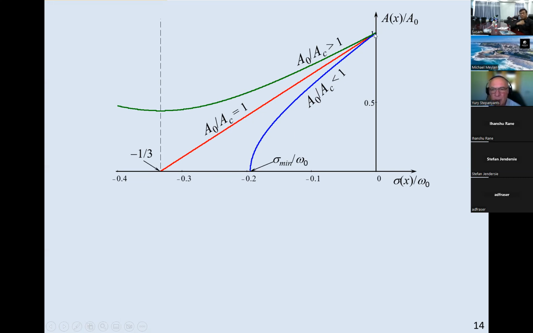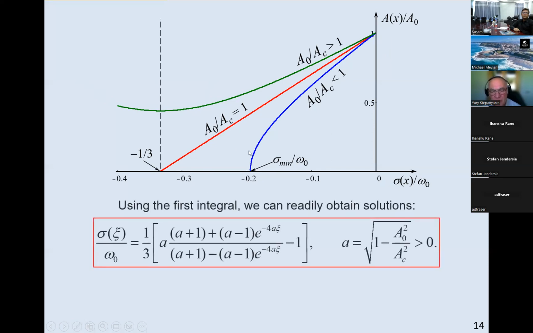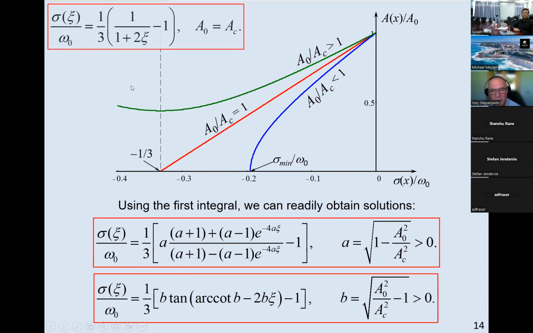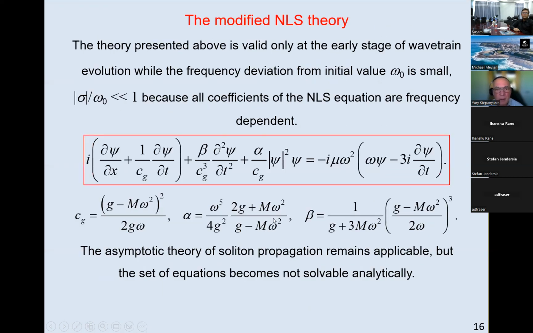And for supercritical value, we have this dependence, which formally predicts increase of amplitude, but actually the range of validity of this approach is restricted when this shift is relatively small in comparison with this limiting value. So analytical solution in this case can be presented for different values of initial amplitude. They are shown here. And after that, we can consider their dependence on x.